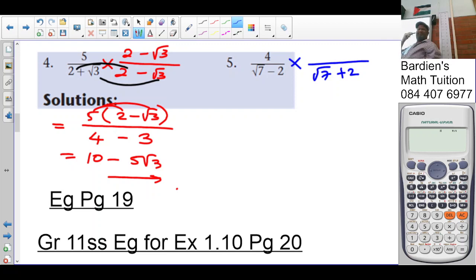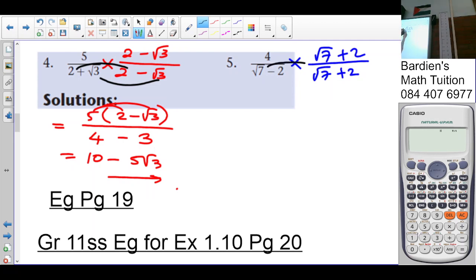Sorry, man. My eyes. Right. Go for it. What goes in the numerator? Same? Yes. Why the same? Because the square root of 7 plus 2 over the square root of 7 plus 2 is 1. Yes.